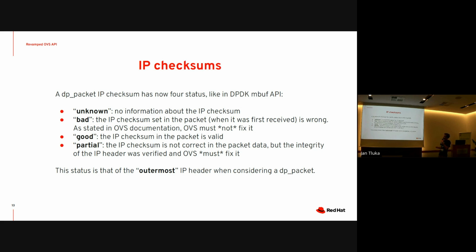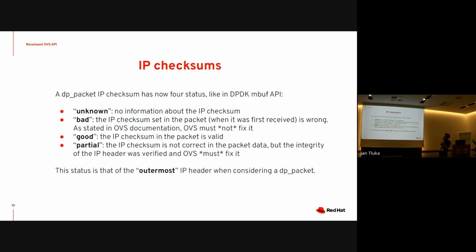The good status means that the packet has a good checksum in the data, and you're supposed to transmit it with a good checksum as well. And finally, the new status for IP is a partial one, which is interesting for virtual drivers because usually they can say that the packet is correct, but they don't want to spend time computing the checksum, and they want to rely on hardware offloads.